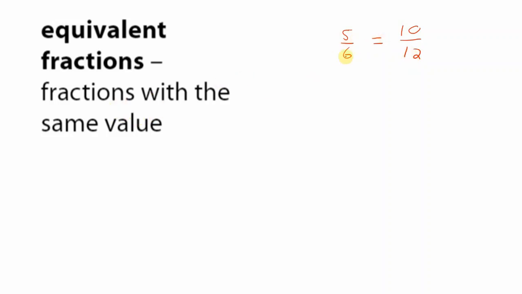They have the same value, so they are what we refer to as equivalent fractions. Similarly, if we triple the 10 to 30 and triple the 12 to 36, that would also be equivalent. All these fractions have the same value.